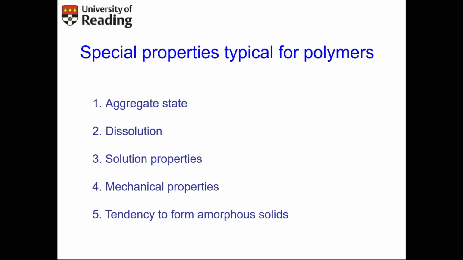Second, because the polymers' molecules are very large, they are macromolecules, they have a specific feature when they dissolve. In order to dissolve, polymers first must swell. Why does it happen? Because water or any other solvent, their molecules could diffuse into the structure of a polymer.